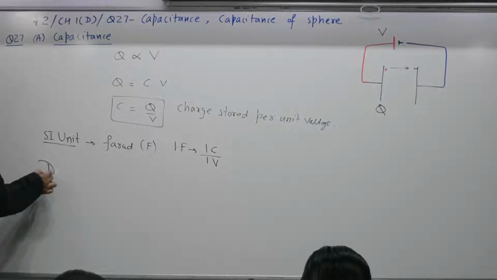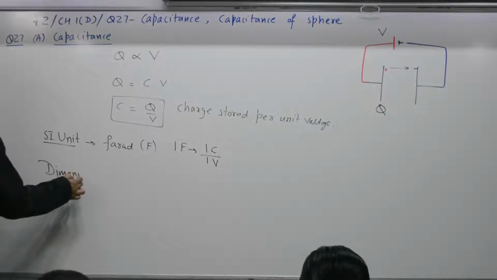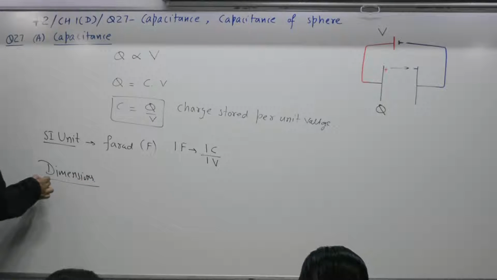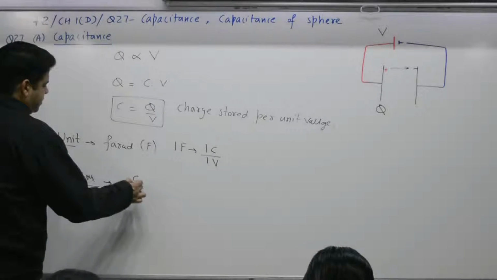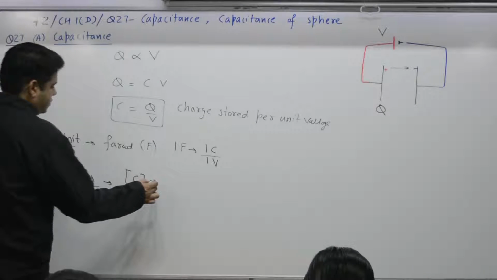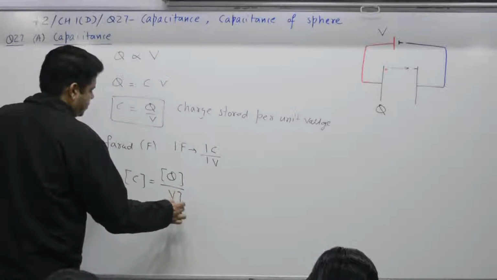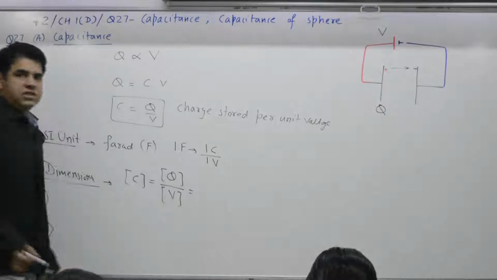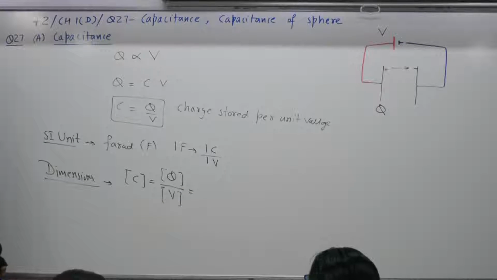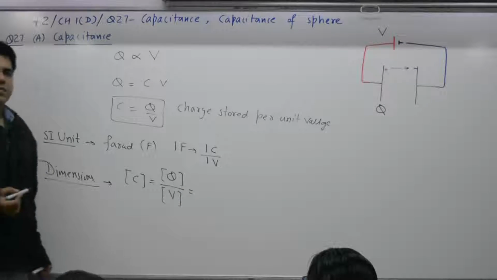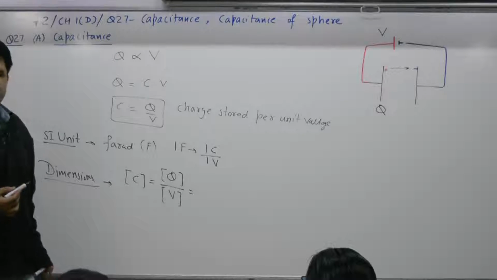Dimensions of capacitance. Capacitance is equal to charge divided by voltage. Charge has SI unit A into T, because ampere is fundamental.